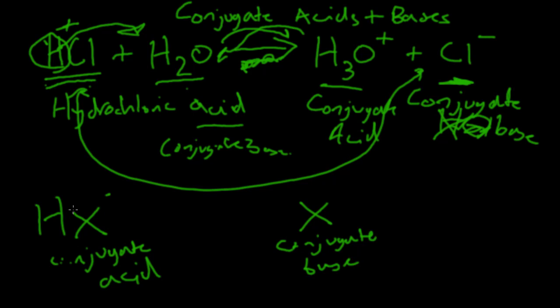So if it loses an H+ ion on one side of the equation, then when it's lost the H+, it's a conjugate base. When it's got it, it's an acid, and that always holds true. It's a way of denoting which molecule is accepting a proton and which molecule is donating a proton on either side of the reaction.